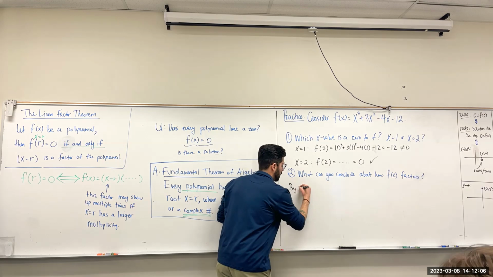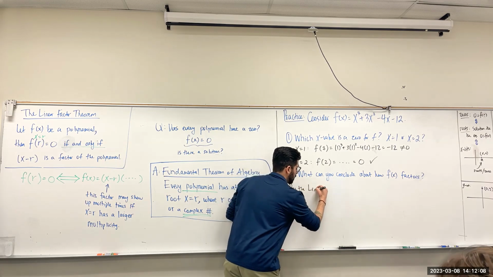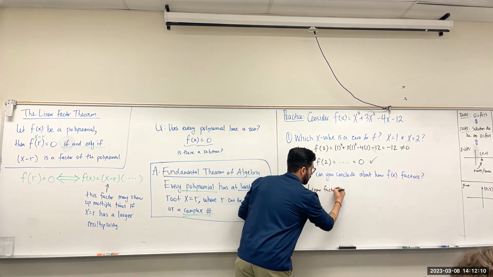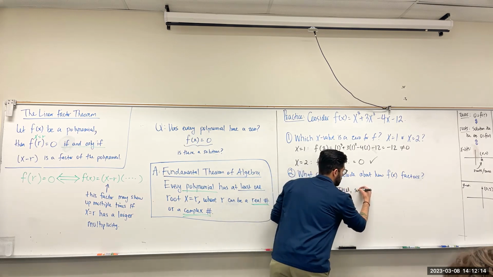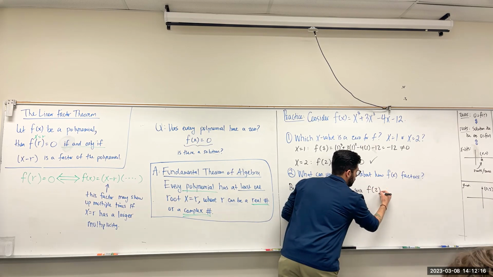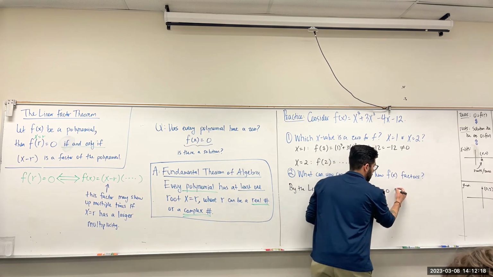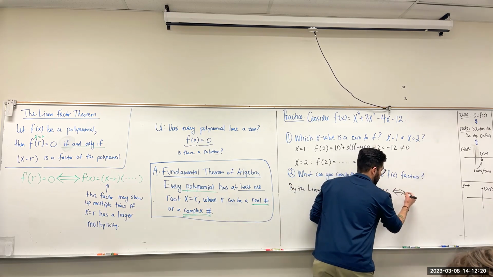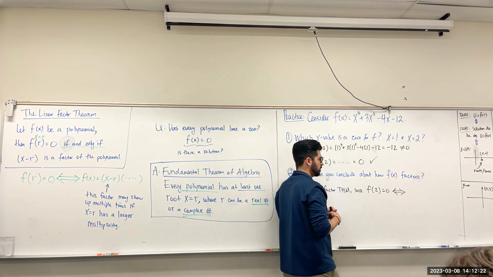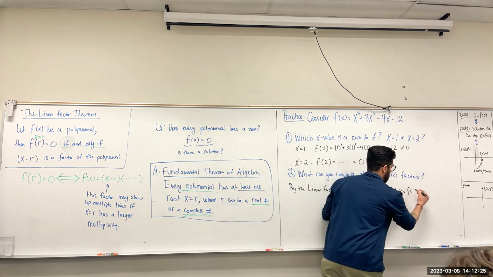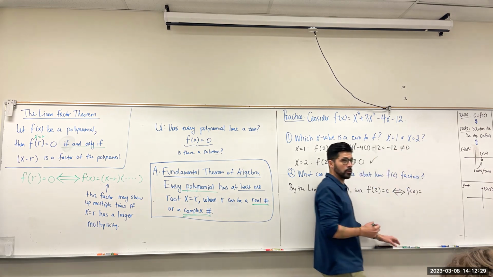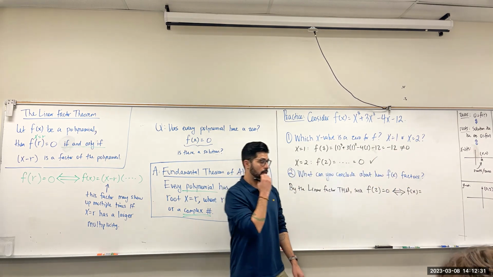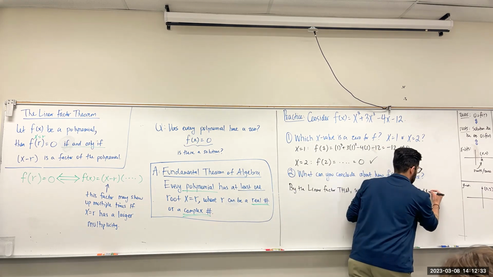So by the linear factor theorem, since f of 2 equals 0, that is equivalent to saying that the polynomial is going to have to factor as x minus 2 times something.